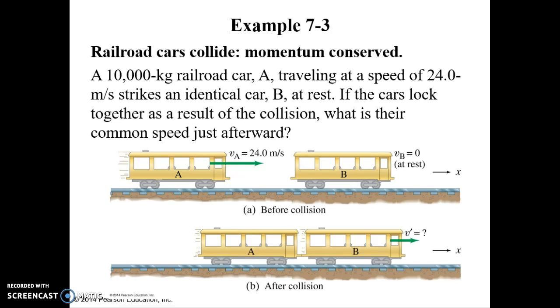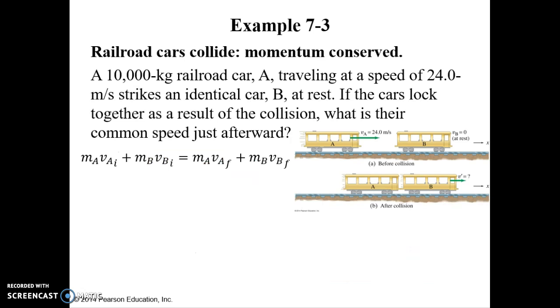Here's our first example. We have a 10,000 kilogram railroad car, A, traveling at speed 24 meters per second, and it strikes an identical car, B, at rest. If the cars lock together as a result of the collision, what is their common speed just afterwards? First step is to start off with the conservation of momentum equation.